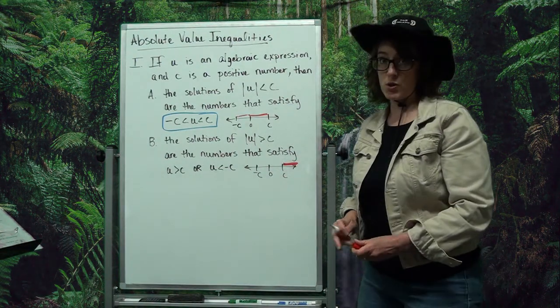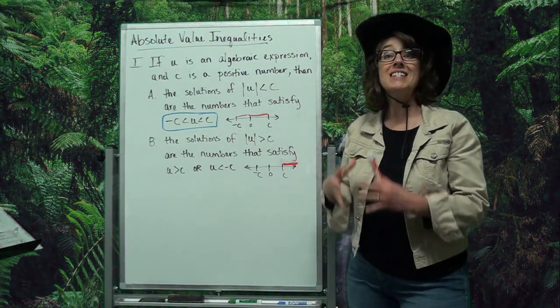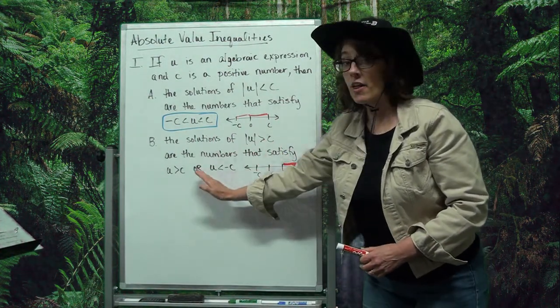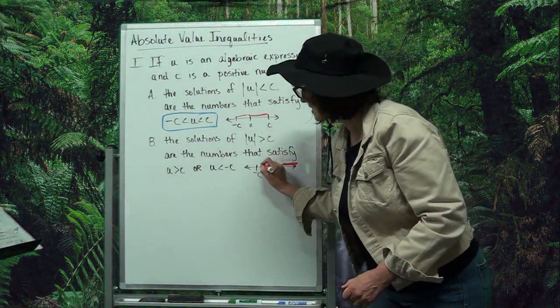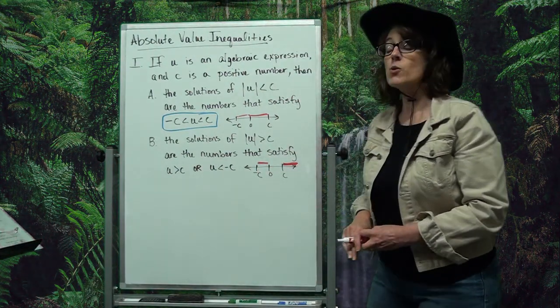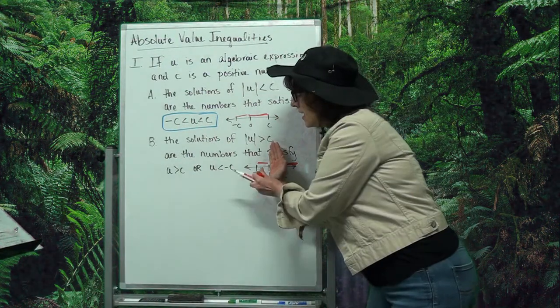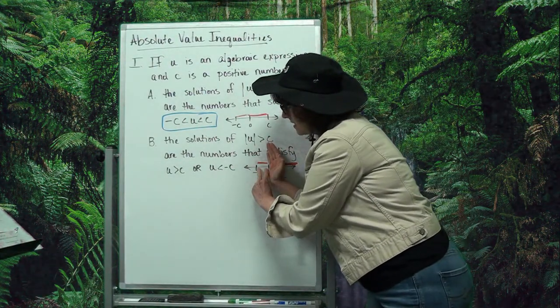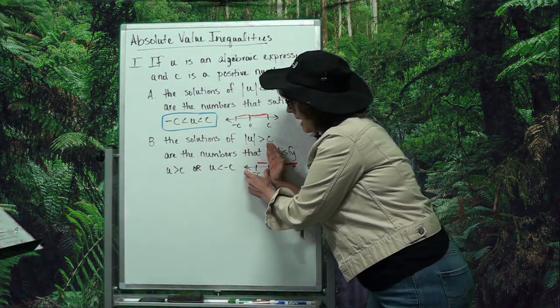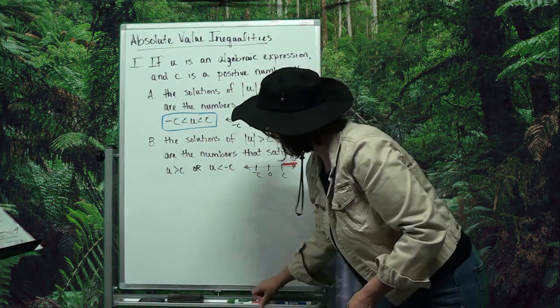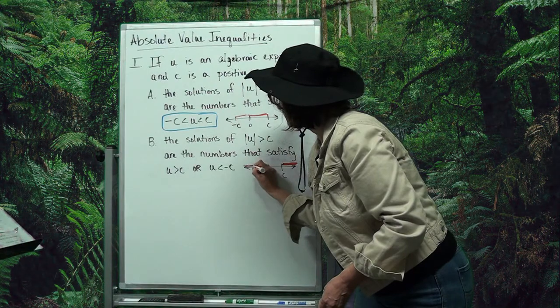These numbers will create bigger distances than that distance right there. And then if I go on the other side of the number line, here again is that distance of C. And so when I'm talking about bigger distances than that, and I'm only looking at this side, here is that distance. So if I want a bigger distance, that's going to be out here, out here, out here. So instead of this, it's going to be everything out here.